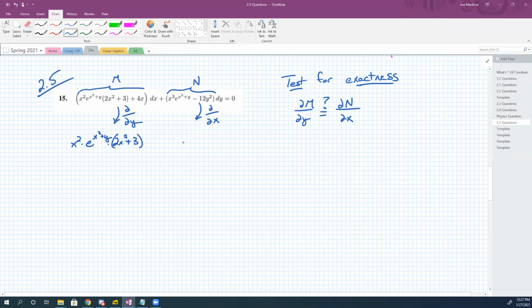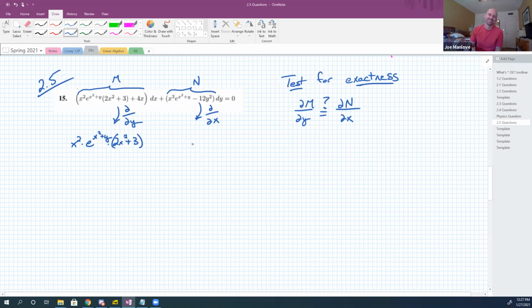Exact same. 6x squared? No. I got x squared. The exact same as the partial of m with respect to y. I got the same.